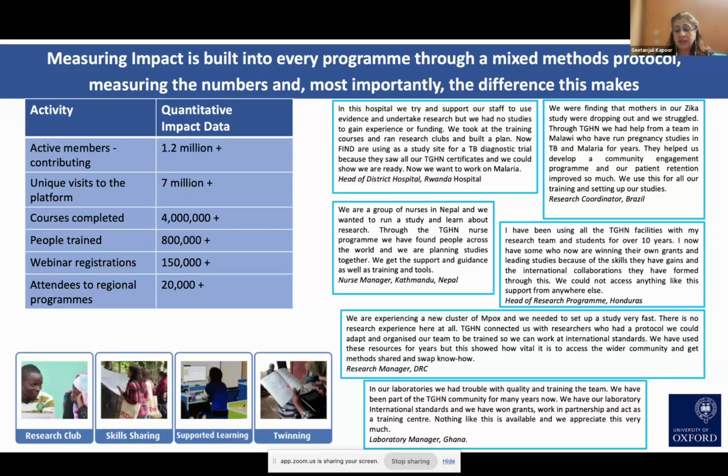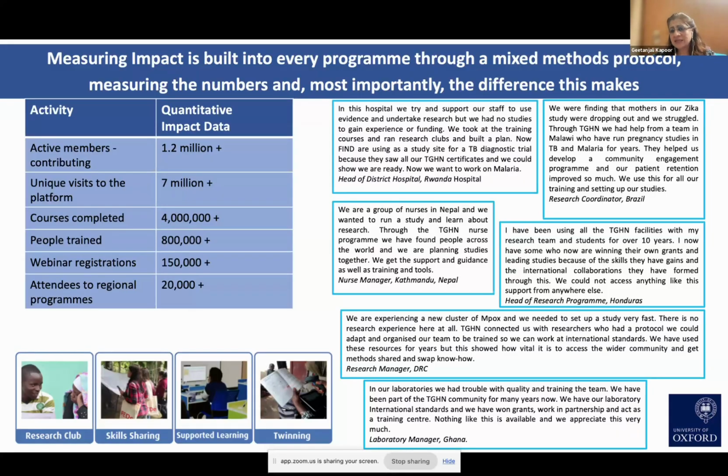And they appreciated the information which the TGHN has shared online. It's all an open forum, and based on that they were able to get into creating TB diagnostic trials, successfully working on that, and also now heading towards working on malaria research.